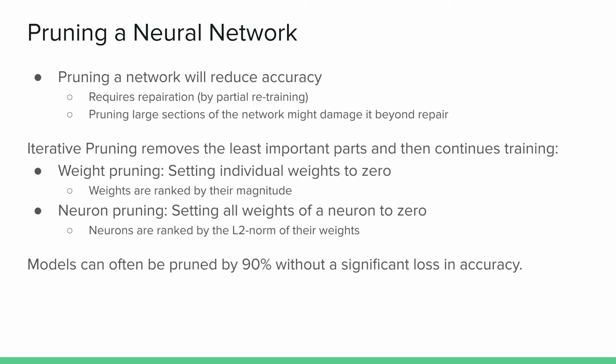Similarly, you can remove neurons that contribute the least by summing over the magnitude of all the different weights, then ranking the neurons and removing those that have the smallest L2 norm of the weights. By just setting them to 0, you can disable that neuron without actually changing the architecture.